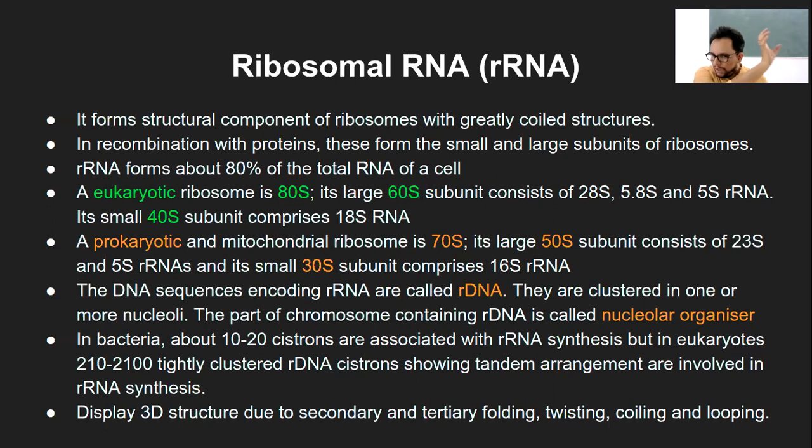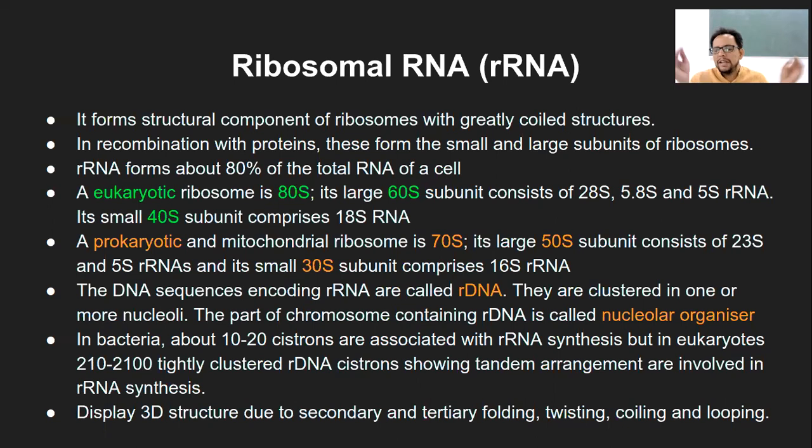But in the whole DNA molecule, certain sequences, not the coded genes but apart from the gene structures, are responsible for encoding rRNA molecules. That means rRNA is synthesized from those stretches of DNA, and they are clustered in one or more nucleoli. Now, this does not mean it has a separate structure within the chromosomal or genetic material; within the same genetic material, they are clustered together.